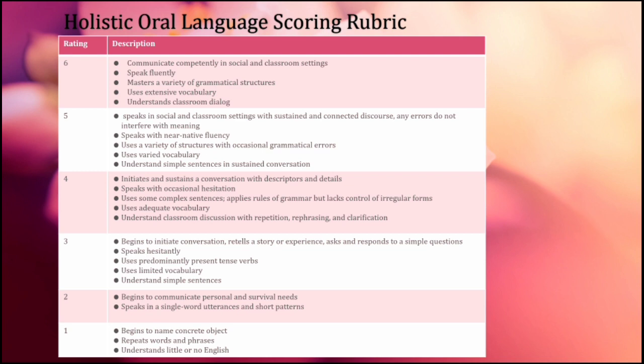If the learner or student has the highest rating or level, he or she will communicate competently in social and classroom settings, speak fluently, master a variety of grammatical structures, use extensive vocabulary, and understand classroom dialogue.